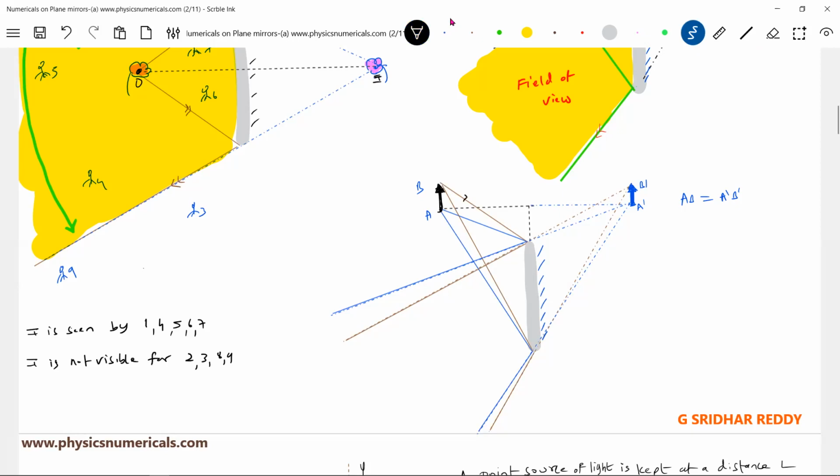So this is due to the upper part, after reflection. Three arrows, 4 arrows. Okay, what is the field of view? The field of view will be only this region.